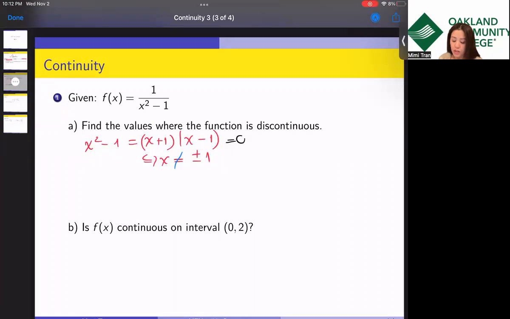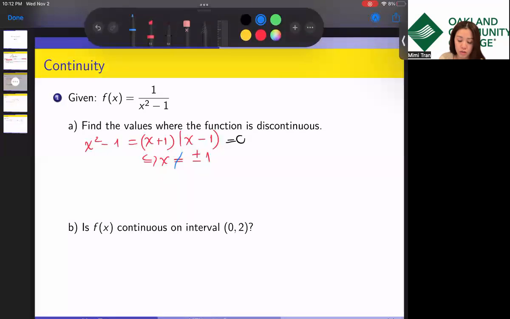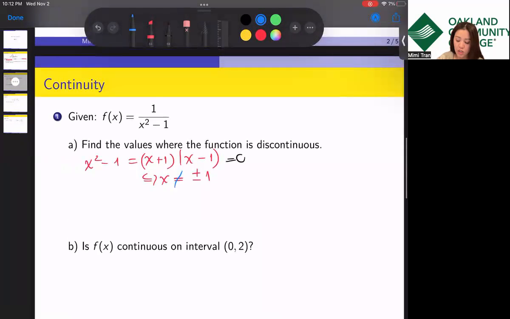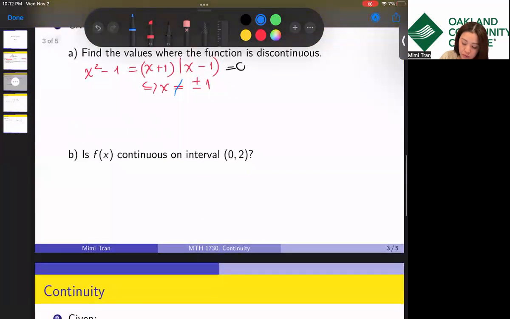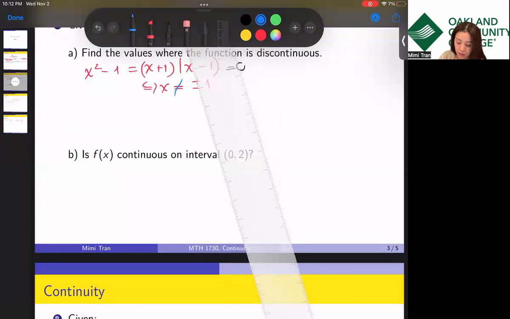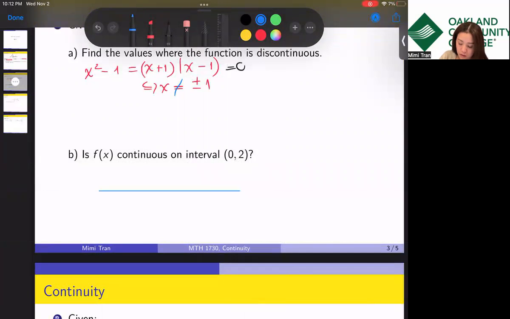Is f of x continuous on the interval 0, 2? Now there are infinitely many points between 0 and 2. But if f of x is continuous on the interval 0, 2, then by that definition, it has to be continuous at every point in the interval. So here I have from 0 to 2, but between 0 and 2 there's a 1, and we know that f is discontinuous at 1, right?